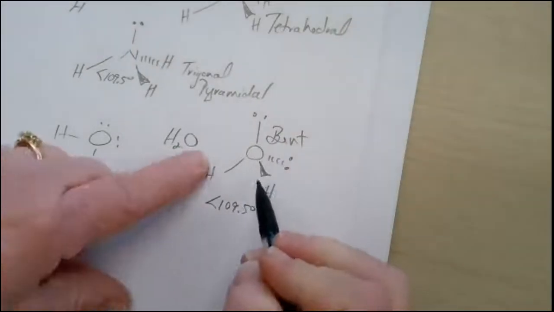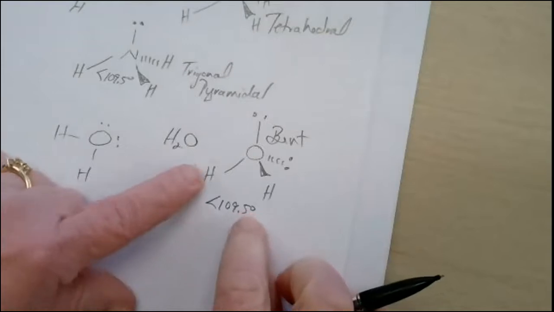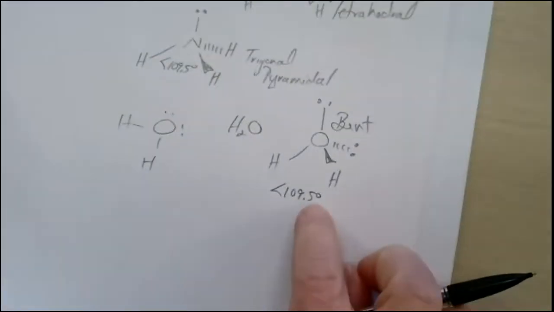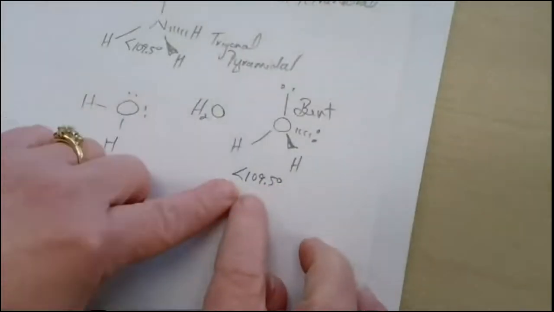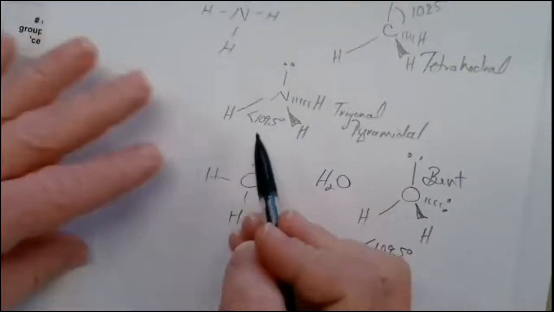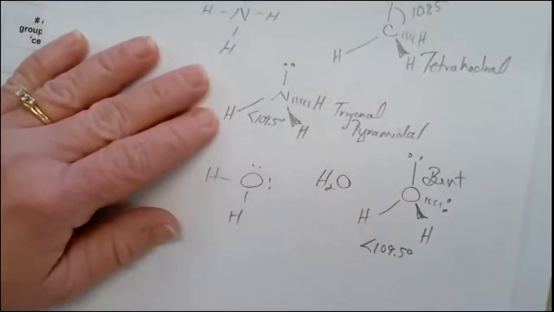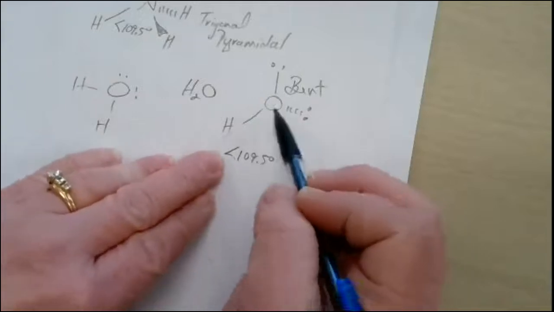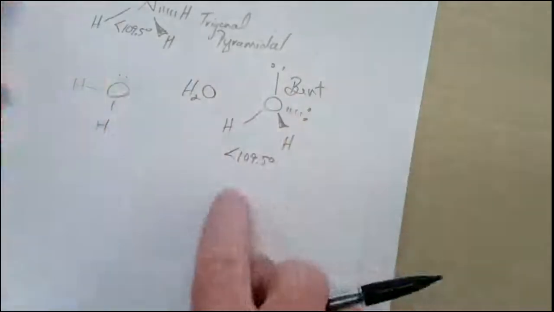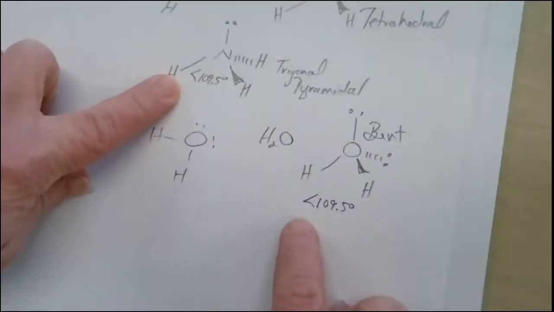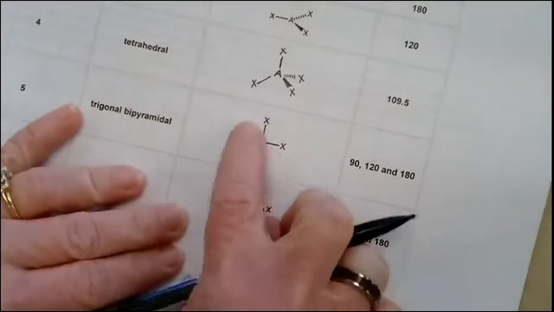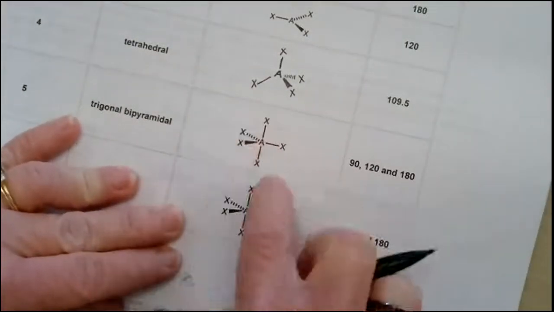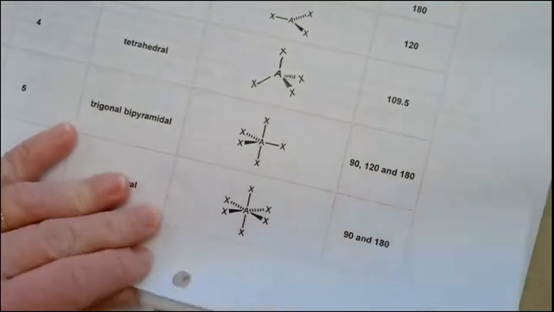That's probably going to be further from 109.5 than 1 lone pair. However, we just have to say less than. So where this may be 108 or 107, this is probably going to be closer to 105. But we don't have to know that specifically. All right. So, also, if you have pairs of electrons on your bonded elements, you need to show that.